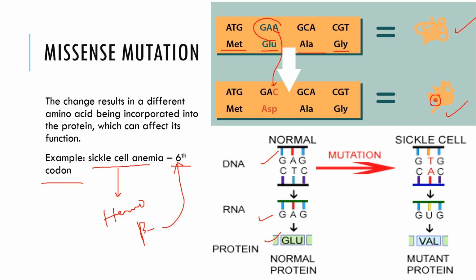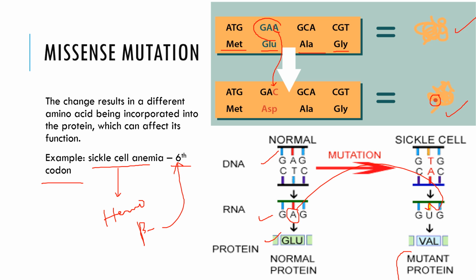If glutamic acid is present, it's the normal protein, but after mutation in sickle cell, adenine is replaced by uracil. Now instead of glutamic acid, valine is present, and it is called the mutant protein. Why? Because in sickle cell anemia, if there is mutation at codon number 6 and valine is present instead of glutamic acid, it will affect the functioning of hemoglobin.